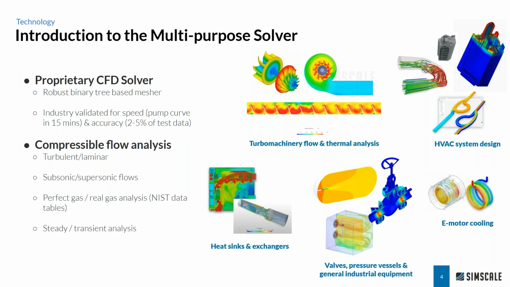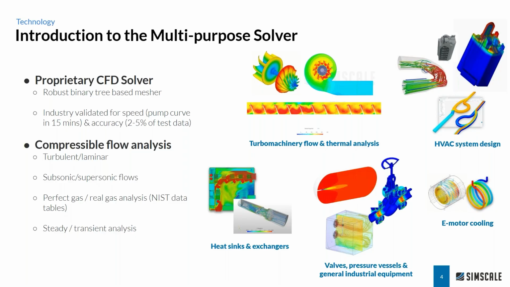So we have worked a lot behind the scenes to make the Multipurpose solver really robust in being able to handle multi-region geometries, multiple solids and fluids, and how the interfaces, boundary conditions, and good initial conditions are handled, such that a very robust solution, while being accurate, also reduces the turnaround time.